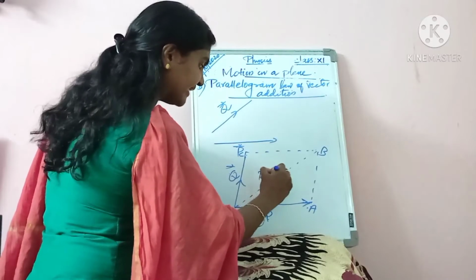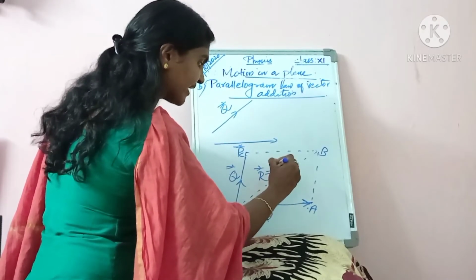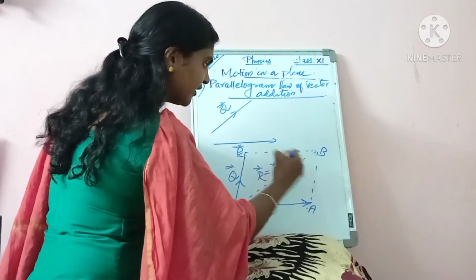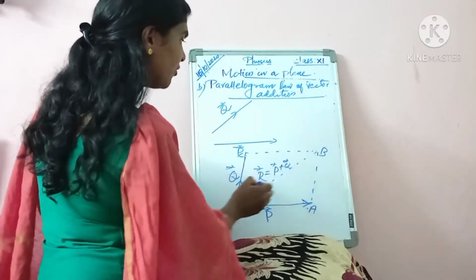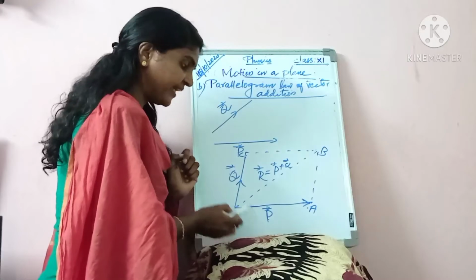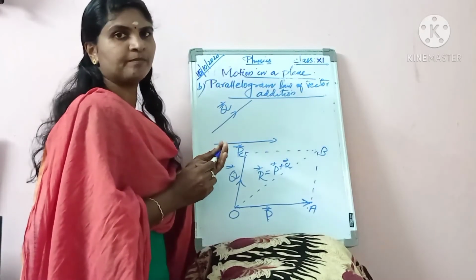So this diagonal gives the resultant vector R, which is equal to vector P plus vector Q.